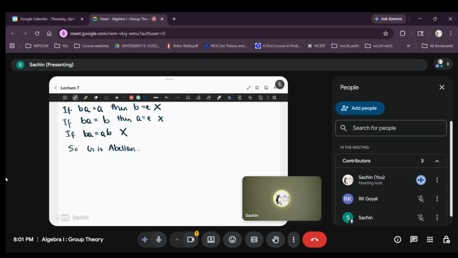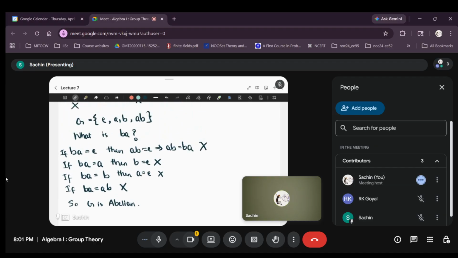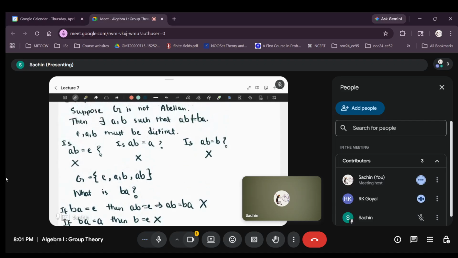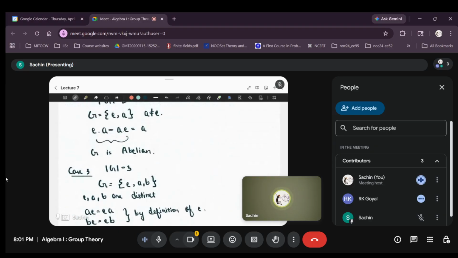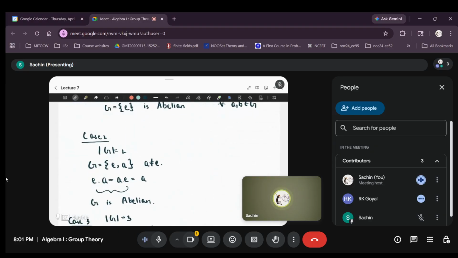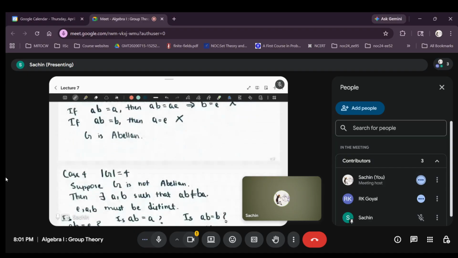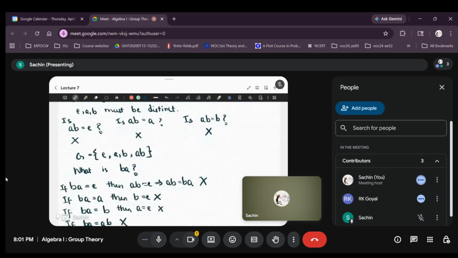Then the group is what? What is the structure of the group? Here G was E, A, B. In case 2 it was E, A. In case 4 what is it? It is of the form E, A, B with AB equal to BA.